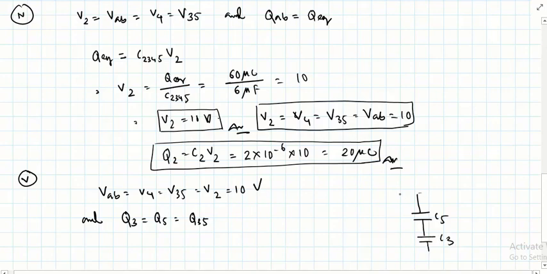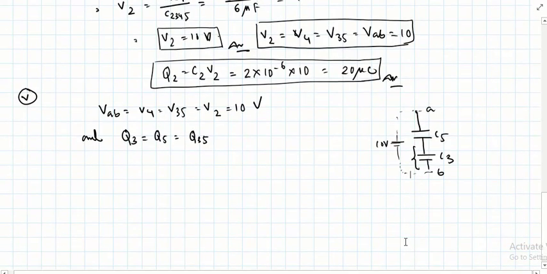But across over here the voltage drop is 10 volt, right? It should be 10 volt because these two points are A and B. Now I have to find out the voltage drop across over here. This 10 volt is now going to be divided between C3 and C5 again.